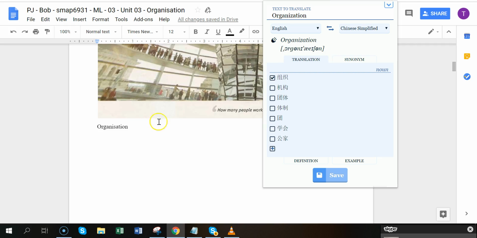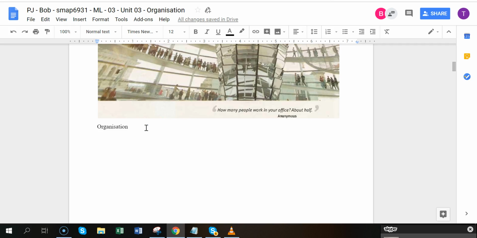This spelling of the organization here is UK English or British English, while the American or US English is spelled as organization. Can you see it on the below? Can you see it below, Bob?